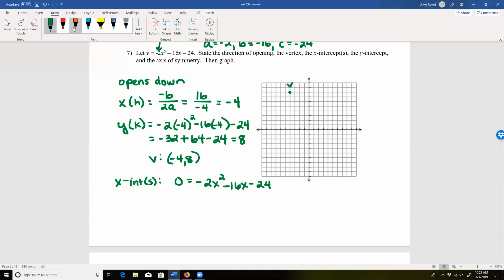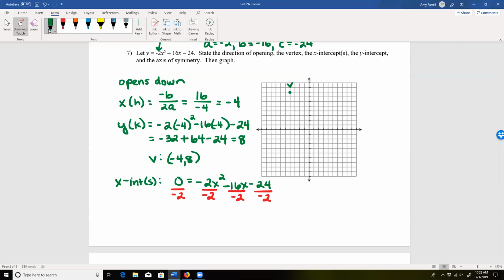That's not terrible, but I notice that all terms are divisible by 2. In fact, I'm going to pick -2. So I'm going to divide both sides of my equation by -2. I can factor pretty quickly after I do this.